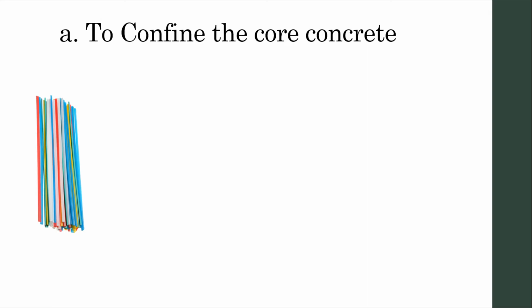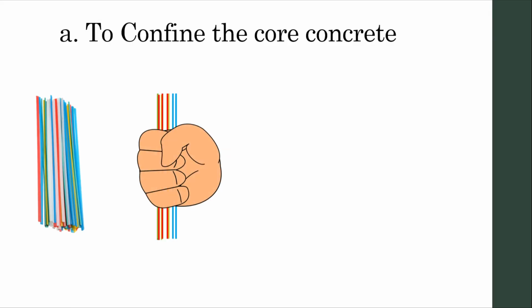So, ano ibig sabihin yan? For example, meron tayong pick-up sticks. So, let's consider a pick-up sticks and this pick-up sticks is our concrete. Ngayon, ang ating ties or circular hoops ay magko-confine sa core concrete natin.